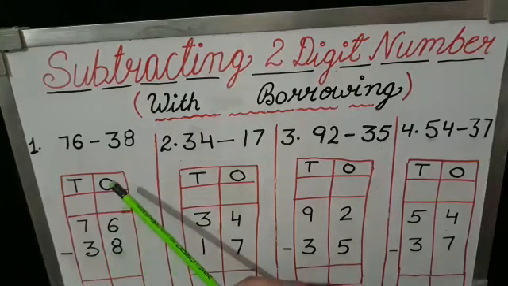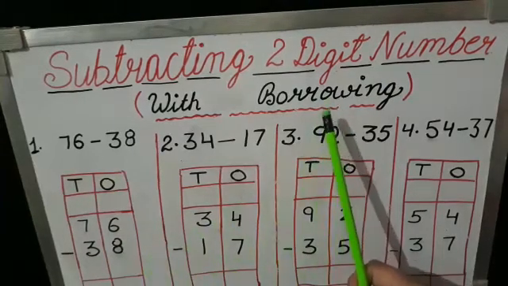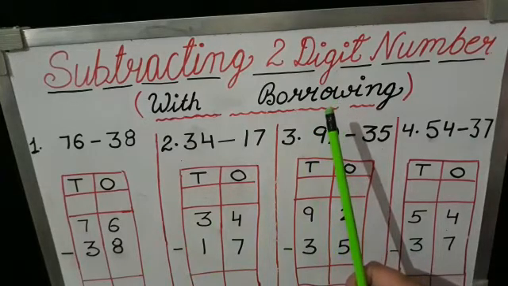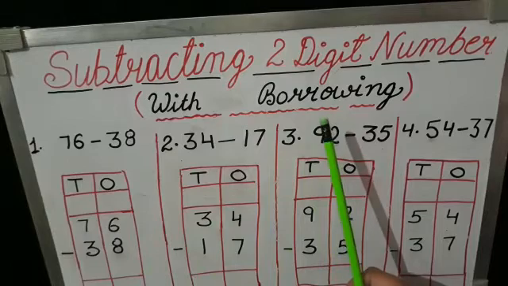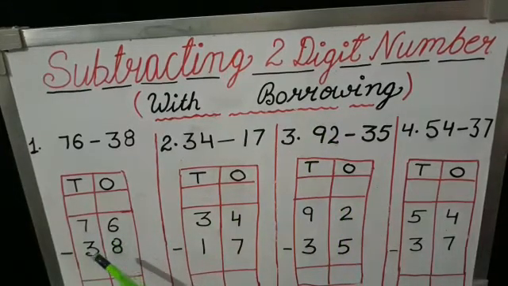Now we'll start with ones column. And children, how to do the borrowing? It is very simple to know whether we need to borrow digit in the sum or not.